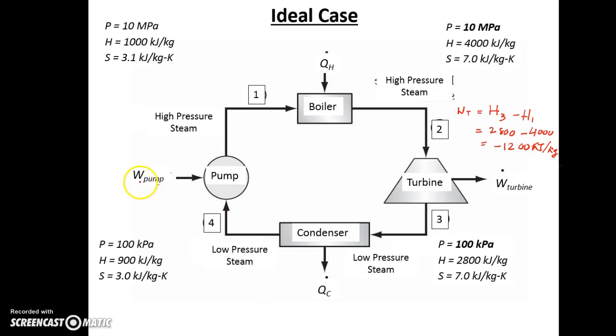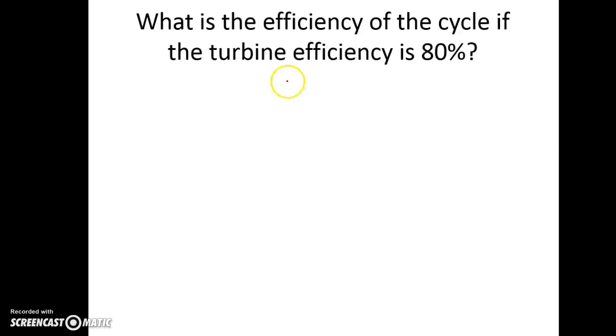Okay, what is my work pump? That is H1 minus H4. H1 is 1000 minus 900. That is 100 kilojoules per kilogram.